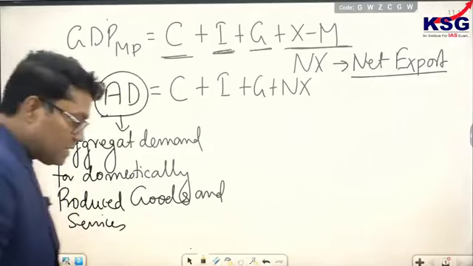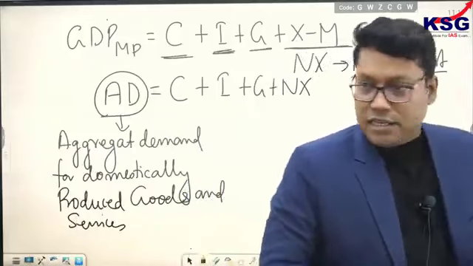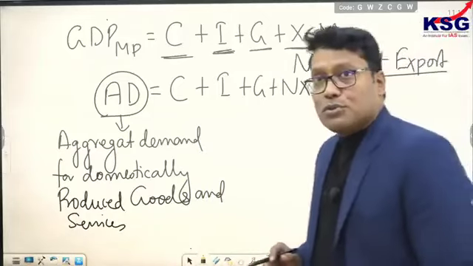So here AD represents the aggregate demand for domestically produced goods and services.